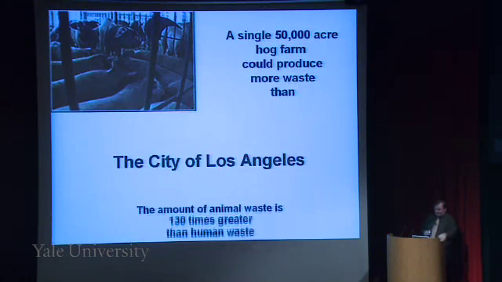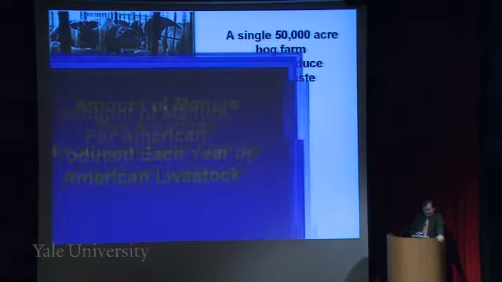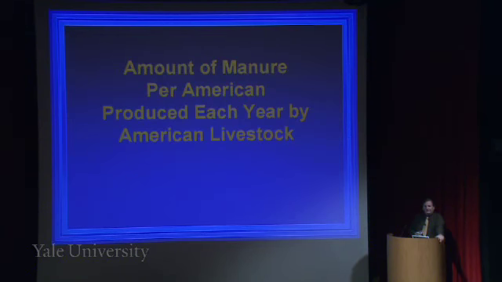So you see how this is contributing. And so animal waste outnumbers human waste by a factor of 130. And the amount of manure produced just by livestock in the U.S. per American citizen, so per you, every citizen here, is 3 tons.